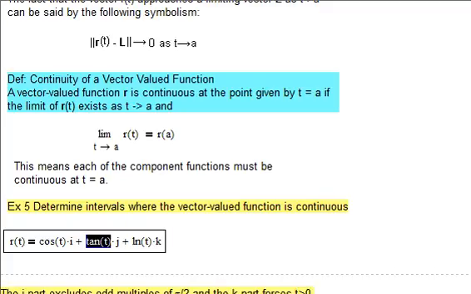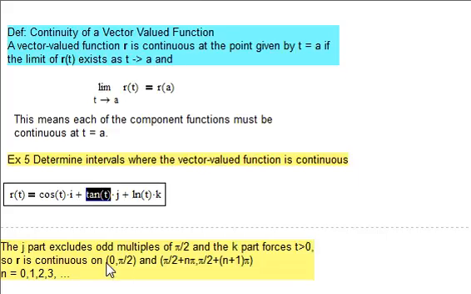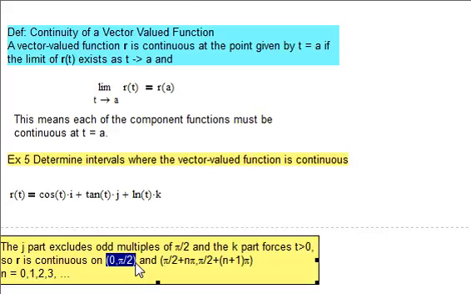So what would we say? We would say it's continuous on the open interval from 0 to pi over 2, because 0 is no good for ln, and pi over 2 is no good for tangent. And pi over 2 plus n pi to pi over 2 plus n plus 1 pi.